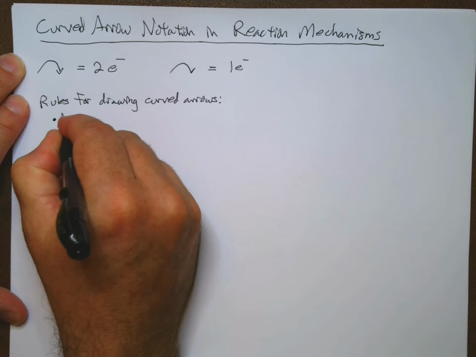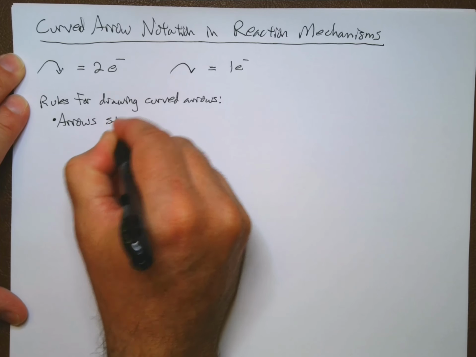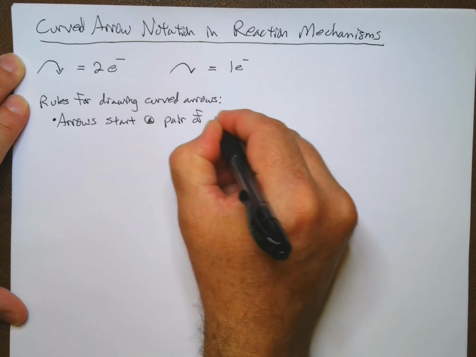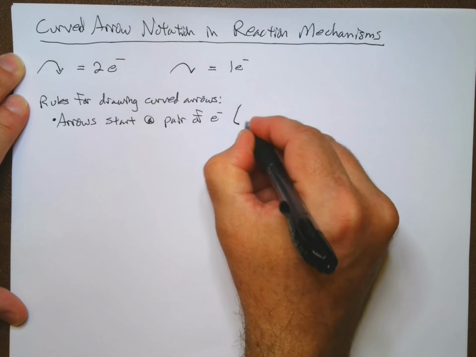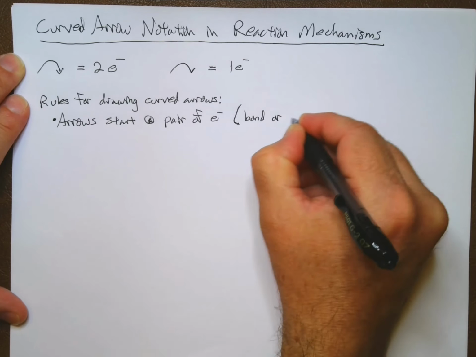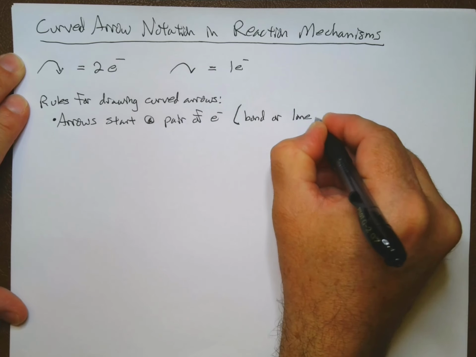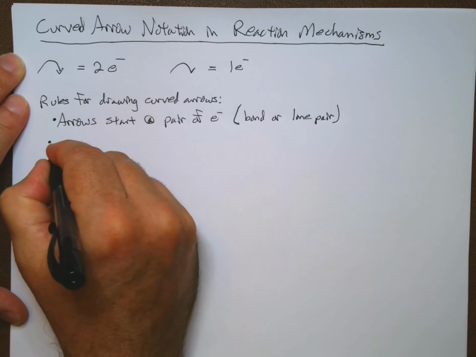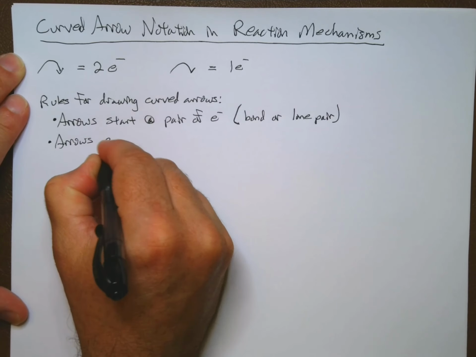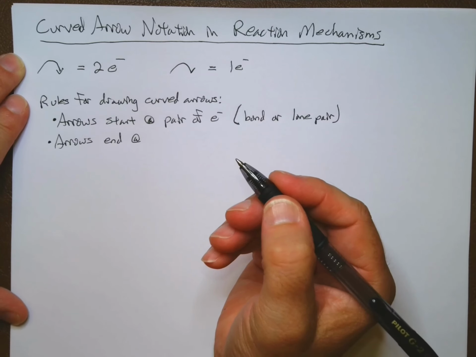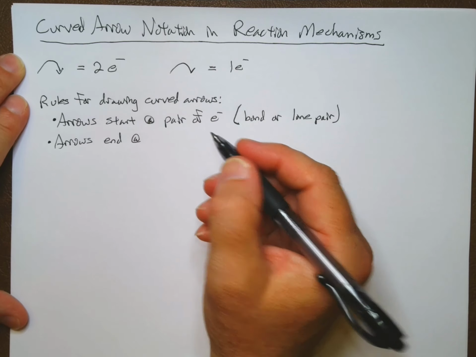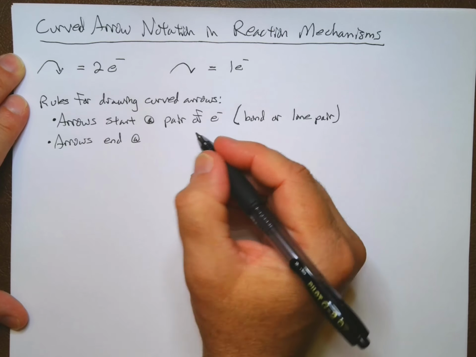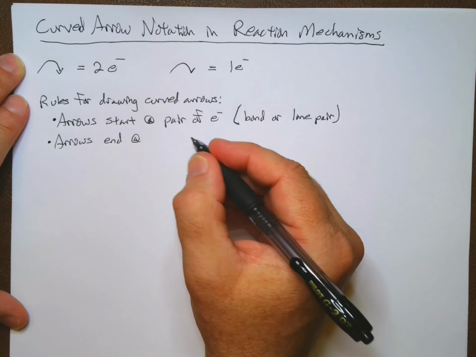So arrows start at a pair of electrons, and that could be a bond or lone pair. And they're going to end at a nucleus, typically.